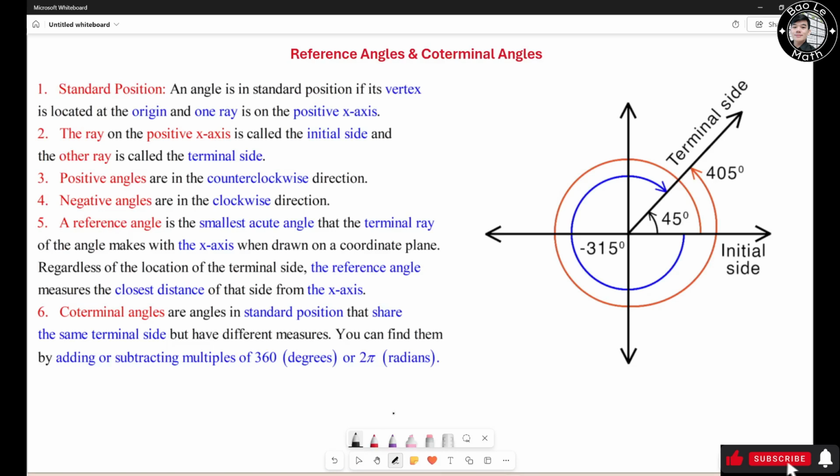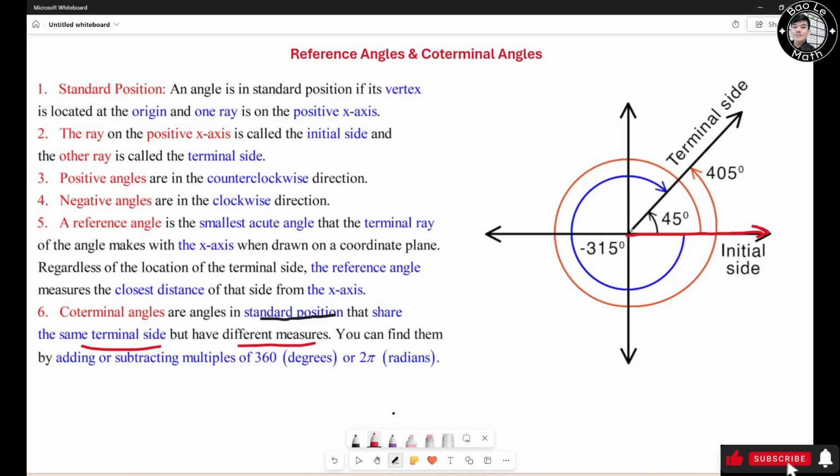Coterminal angles are angles in standard position, which means the initial ray is on the positive x-axis, right here. They share the same terminal side but have different measures.